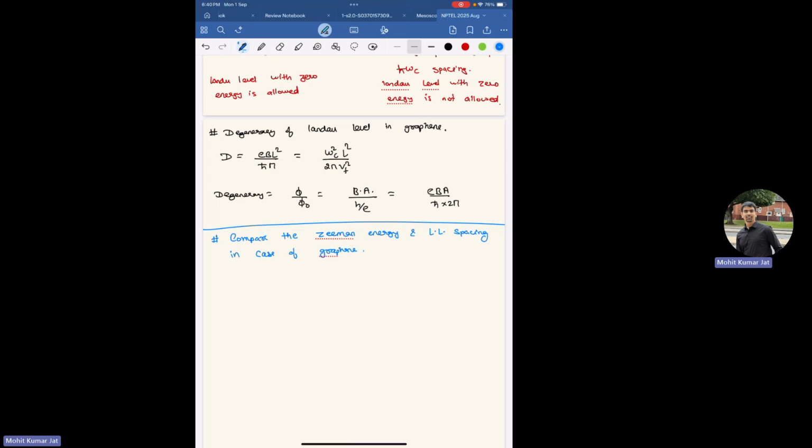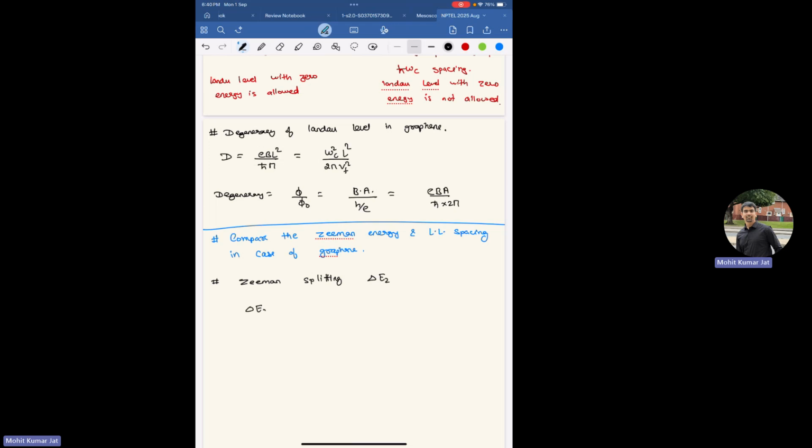So that's the question. Now we all know that the Zeeman energy is what happens when you put the spins in the magnetic field, so their energies get split, right? And the difference between their energies, let me call the Zeeman splitting, delta Ez.